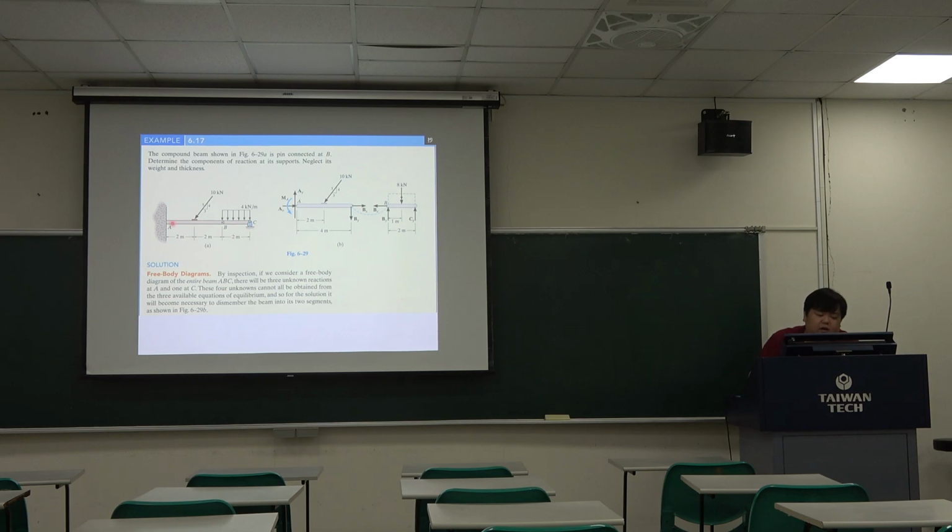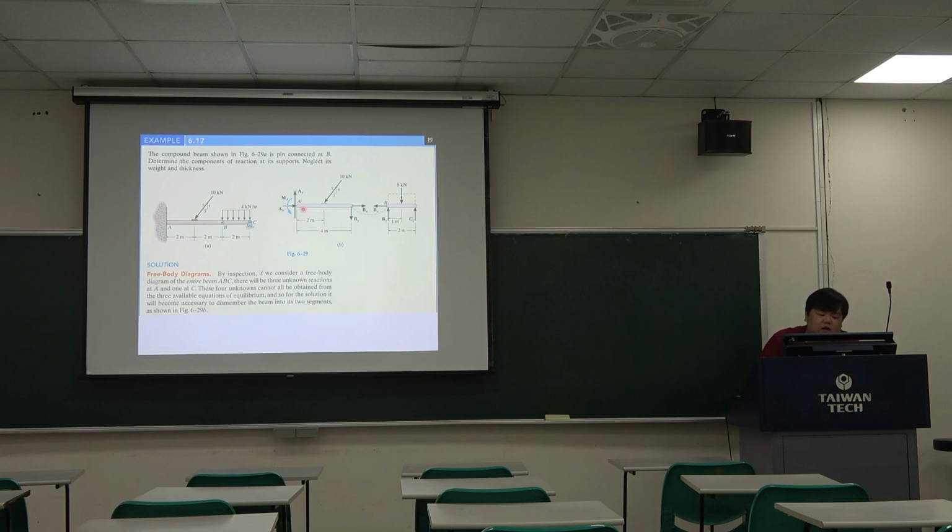So we have the beam with two members, with one fixed support here and a roller support here, and we have two forces. This one is a uniform force, and this one is a one-direction force. So we draw the free body diagram first. We have the two members with two free body diagrams.